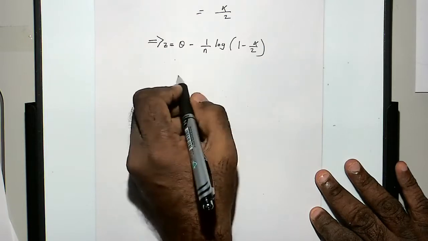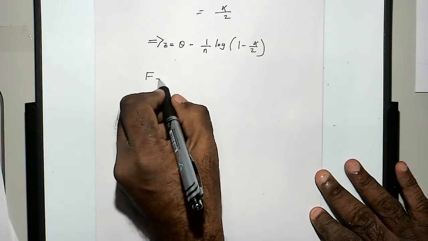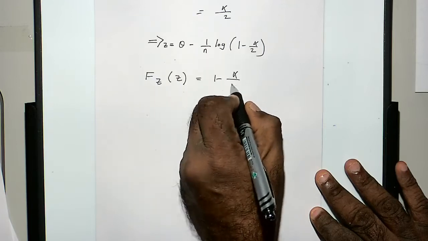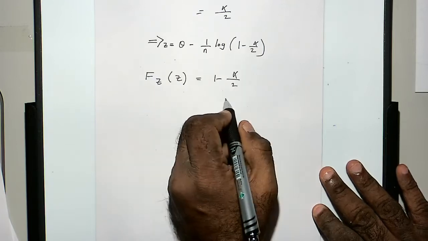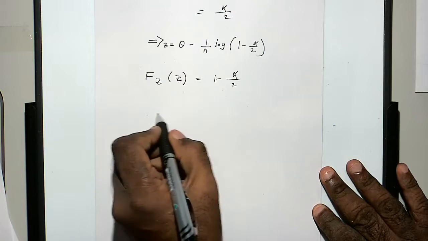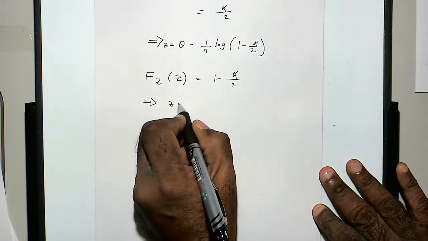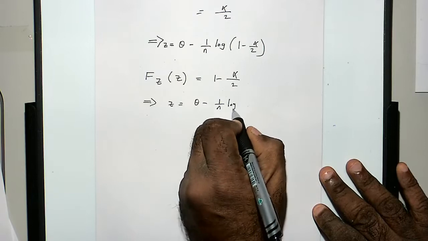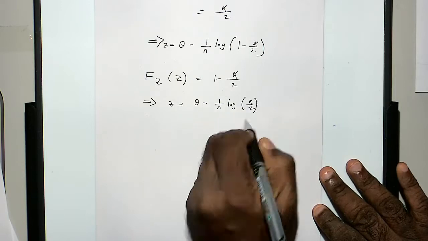And also you need to do the same thing by setting the CDF equal to 1 minus alpha by 2. And this will give you something like this. All right?